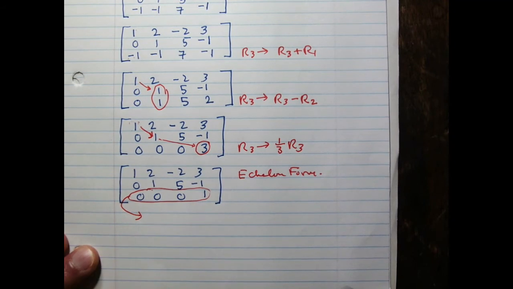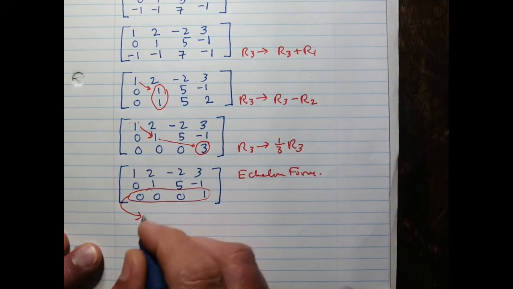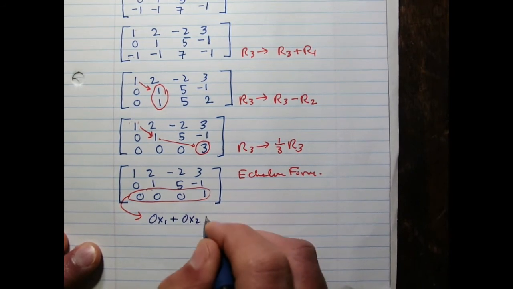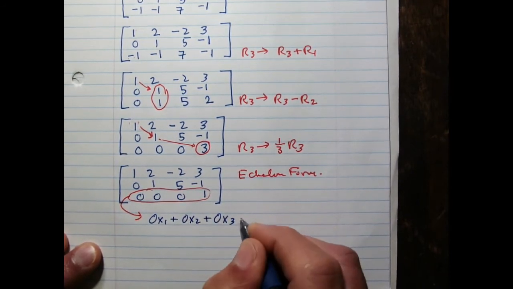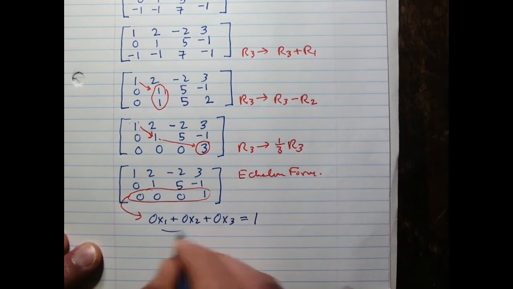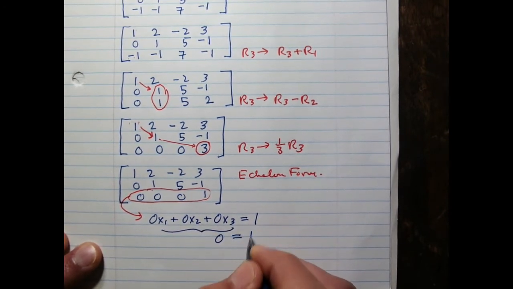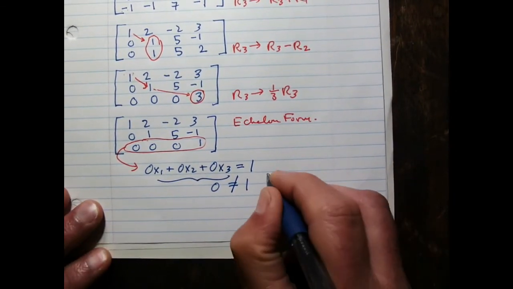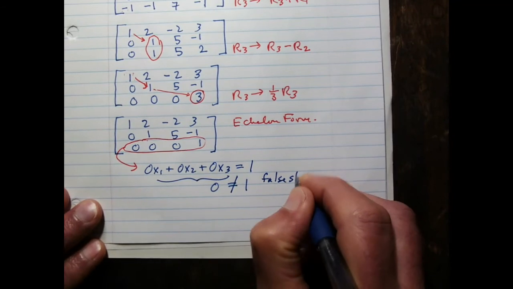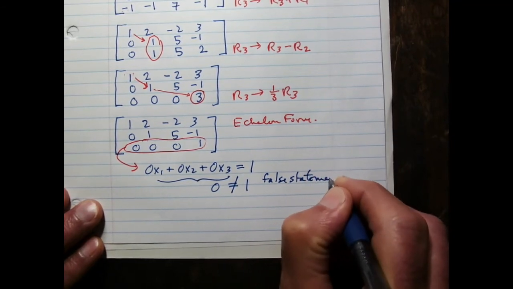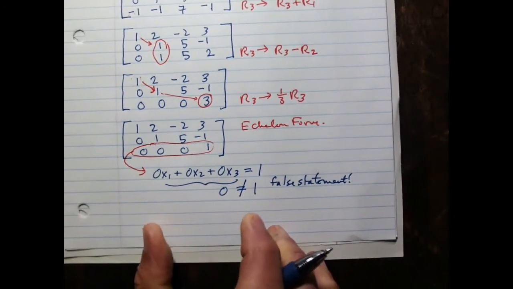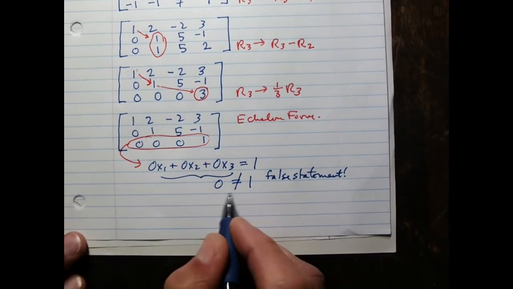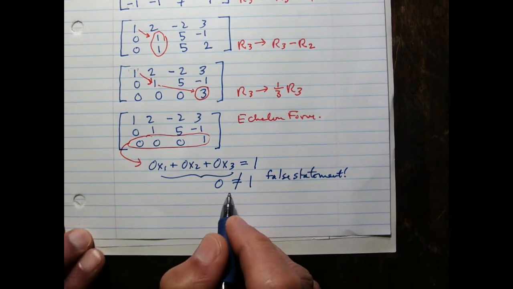This corresponds to the equation 0x1 plus 0x2 plus 0x3 equals 1, or 0 equals 1, which is, of course, a false statement. You cannot say 0 is equal to 1. Or you could just say it's impossible.